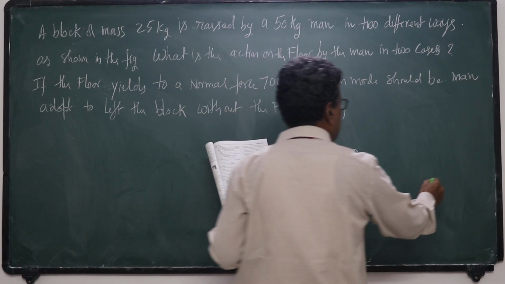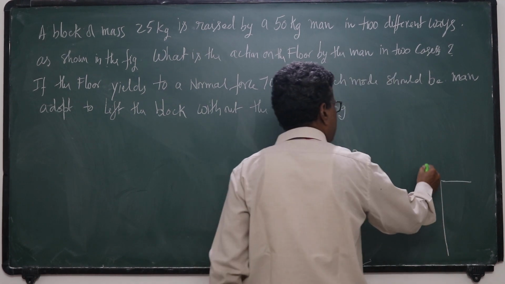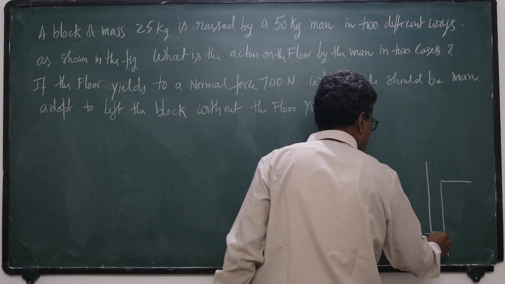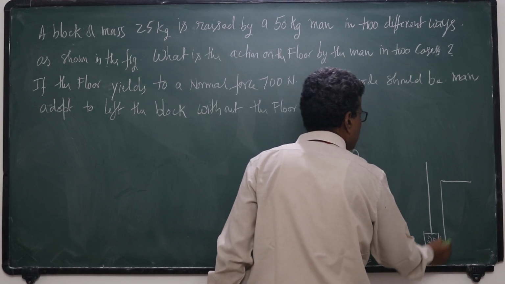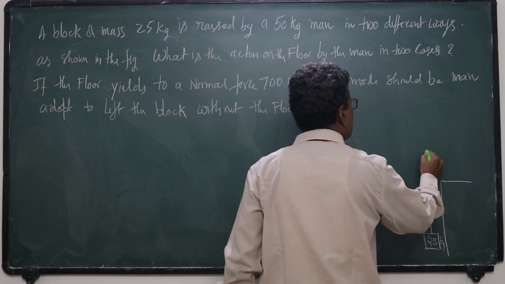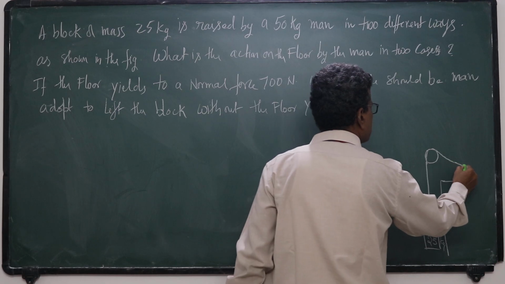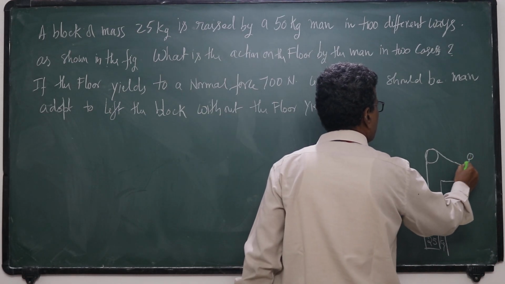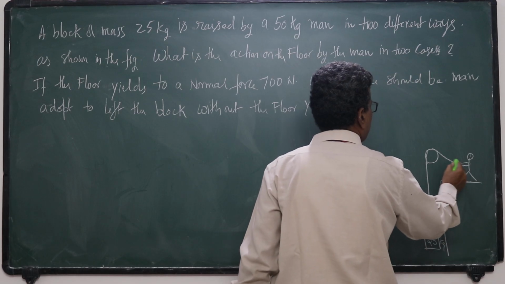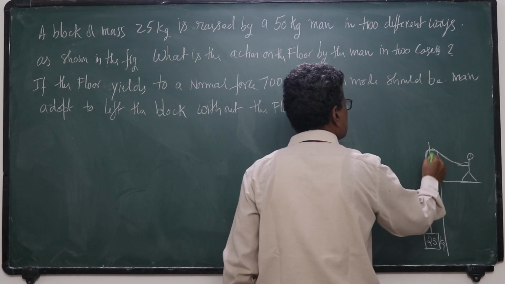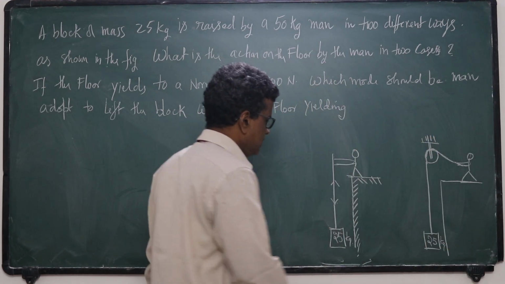Okay, in the second case, to lift the same 25 kg, same weight, he uses a pulley system. So here man uses a pulley to pull this. Okay, it is connected fixed here.